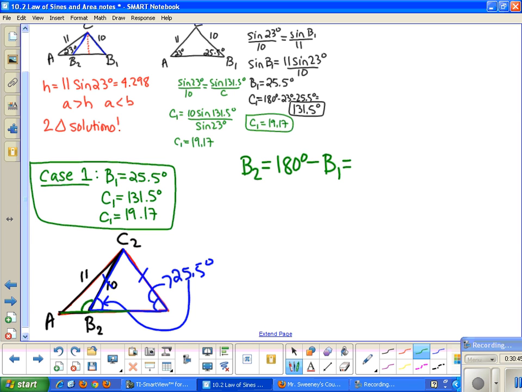So when we do this, we end up with B2 being equal to 154.5 degrees. And this will always be the case. You're always finding the larger triangle first when you have two triangles, and then the smaller one next, because it's going to swing in. And you're always going to do 180 minus the first angle that you found.